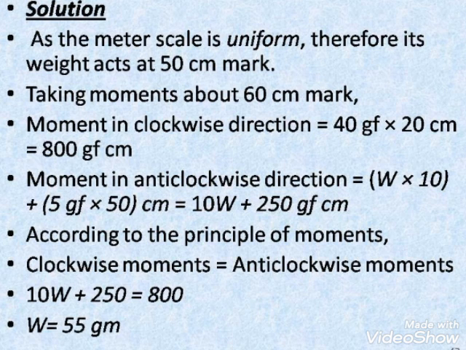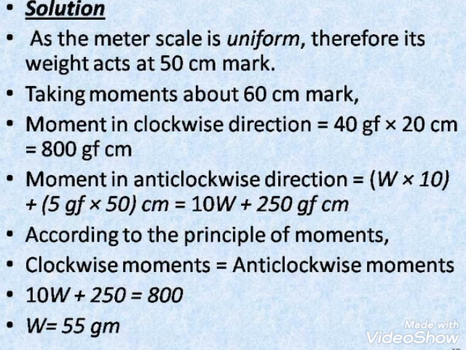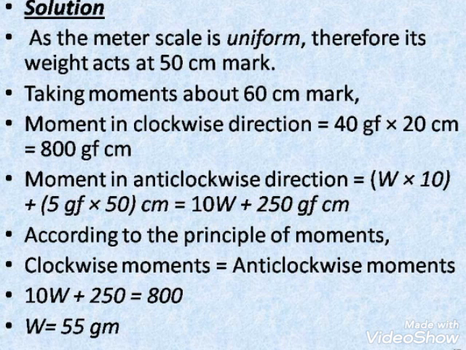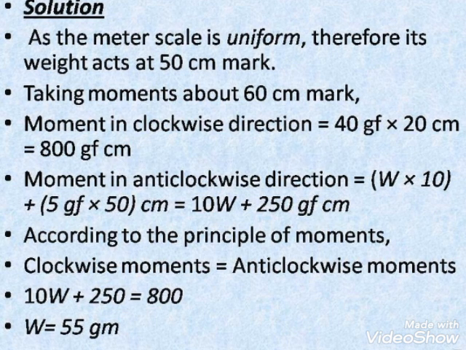So that is equal to 10 W plus 250 gram force. Applying the principle of moments, clockwise moment is equal to anti-clockwise moment, I can calculate the unknown one, which is coming to 55. So in this case, it is important to do the numericals.